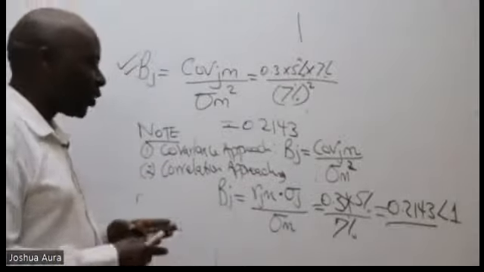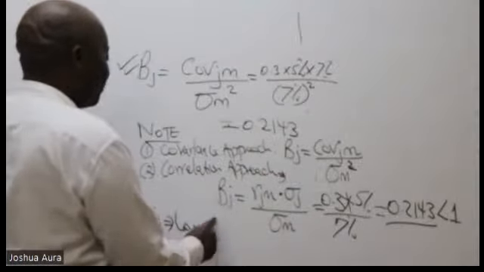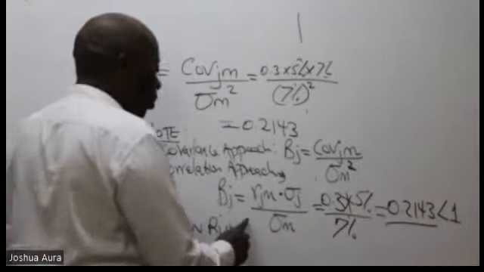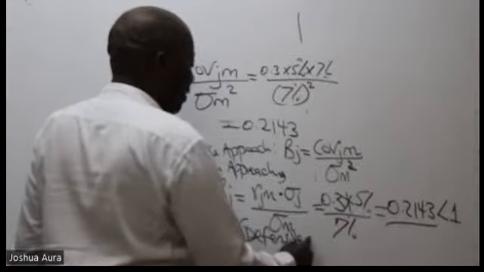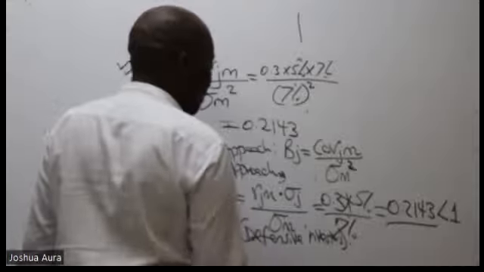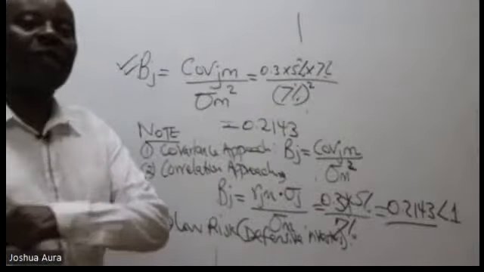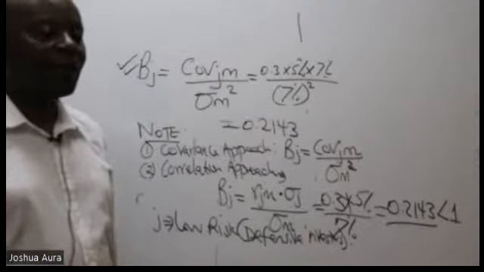So you're saying that J is a low risk security, which can only be bought by defensive investors, or risk-averse investors.